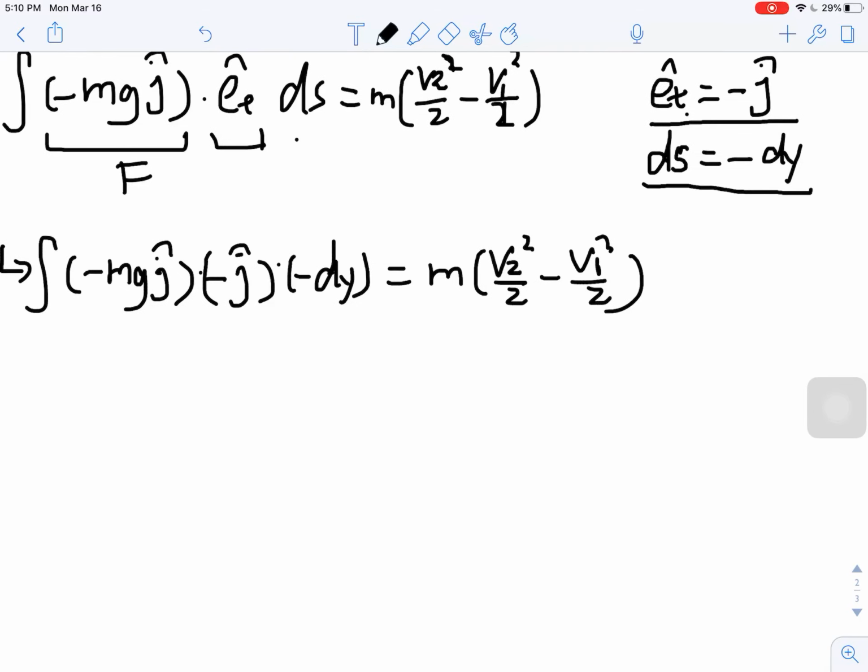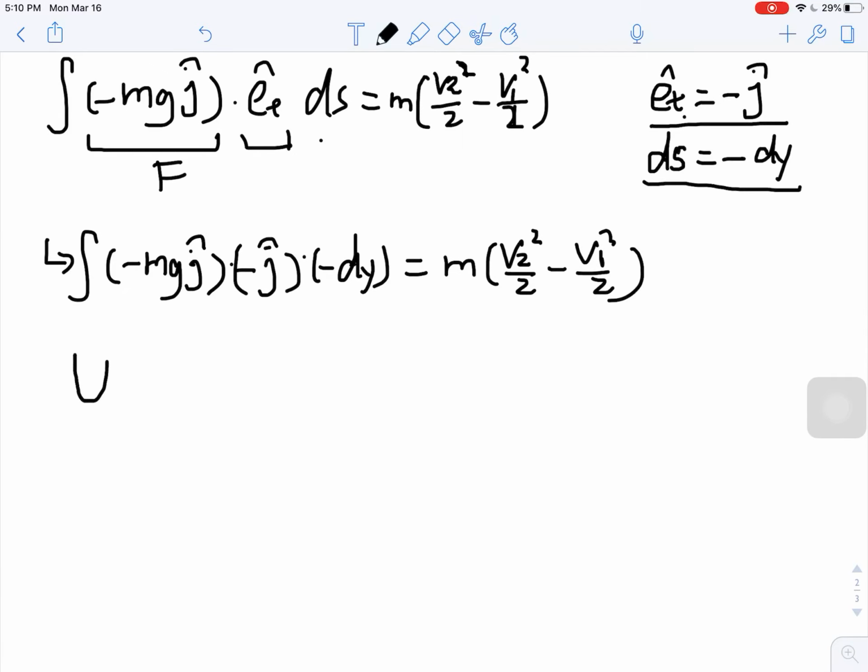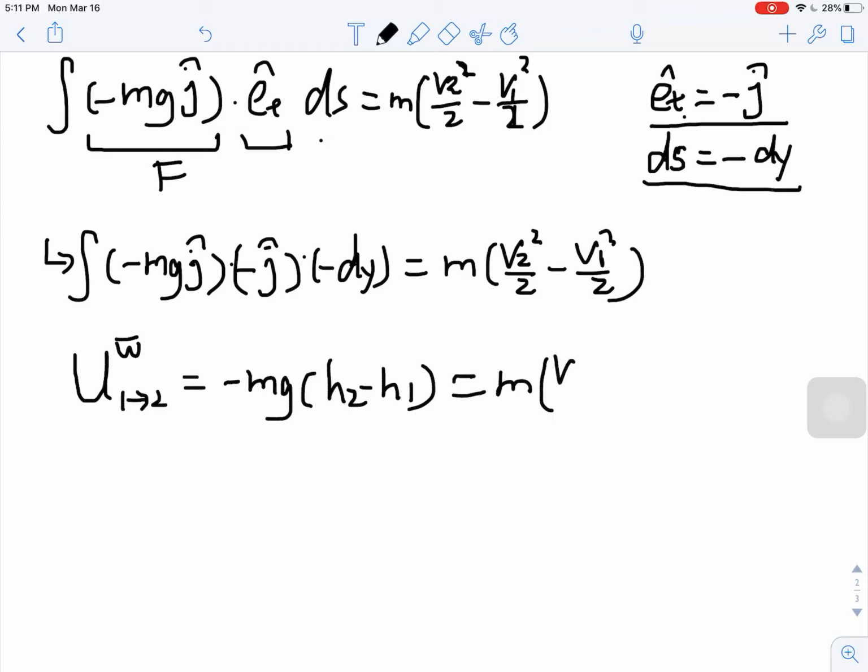Simplifying, the work done by the weight force from position 1 to 2, U 1 to 2, equals negative m g times (h2 minus h1), which equals v2 squared over 2 minus v1 squared over 2.